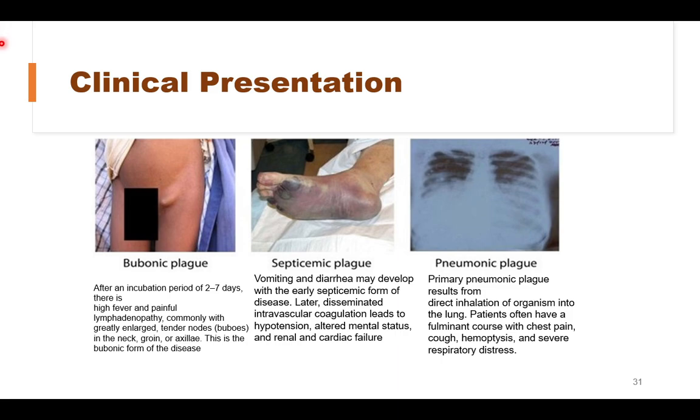So, how does the patient present? There are 3 classical presentations. You have the bubonic plague, where you have involvement of the lymph nodes, septicemic plague, where you have bloodstream dissemination, and you can have pneumonic plague, in which the primary organ of involvement is the lung.